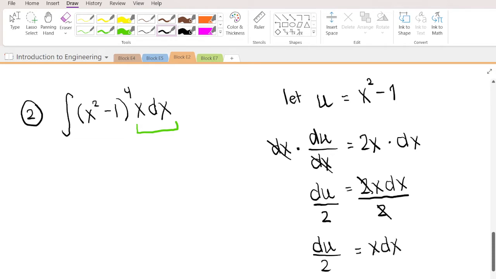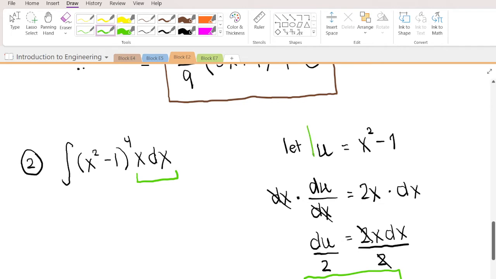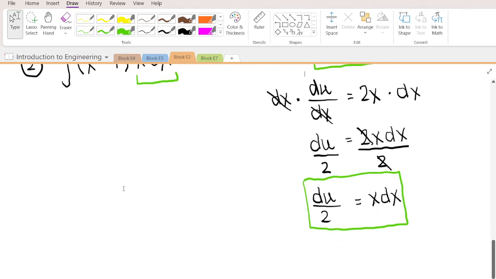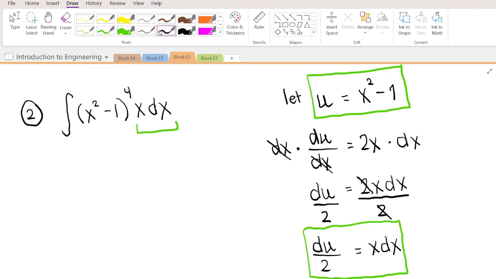So I can substitute the du over 2, and I can substitute the u equals x squared minus 1 in the integral. So to do that, we have therefore substitute, we have x squared minus 1, that becomes u to the power of 4, and then x dx is du over 2.